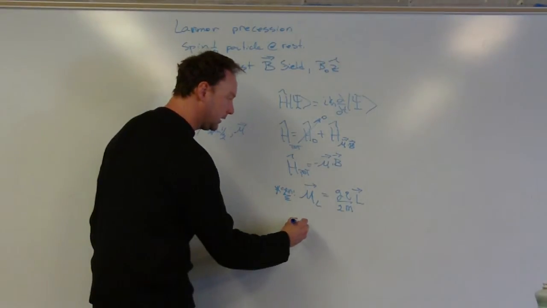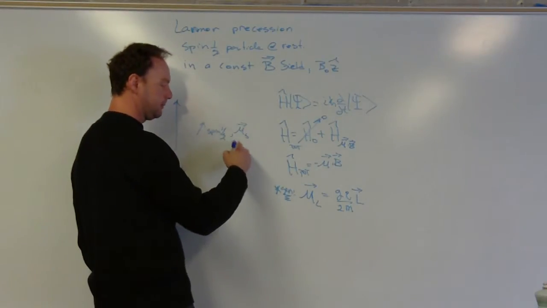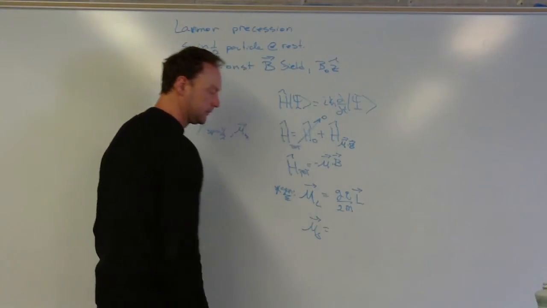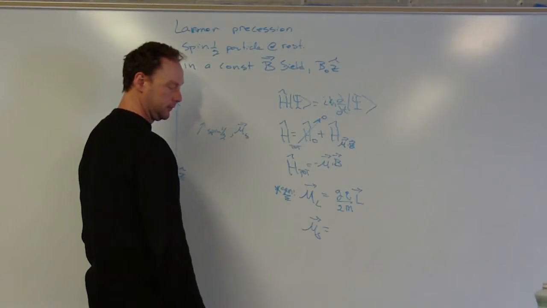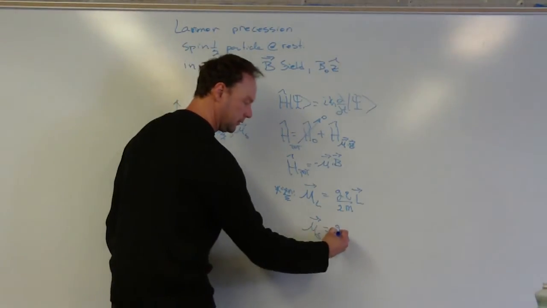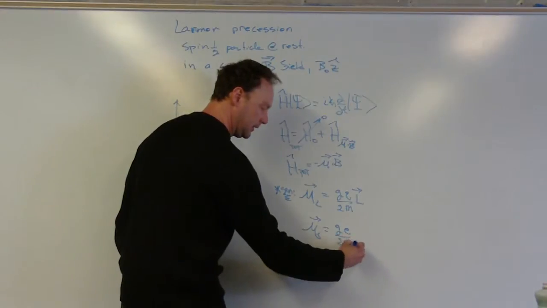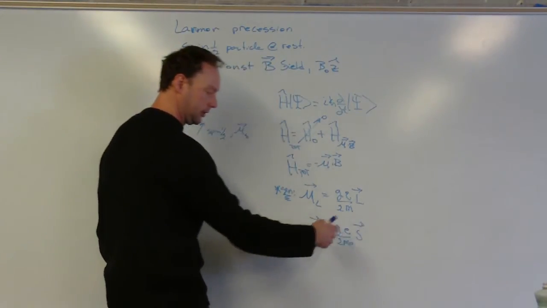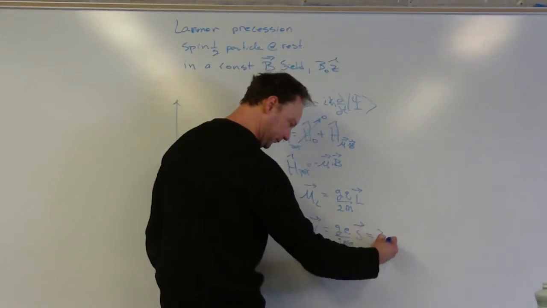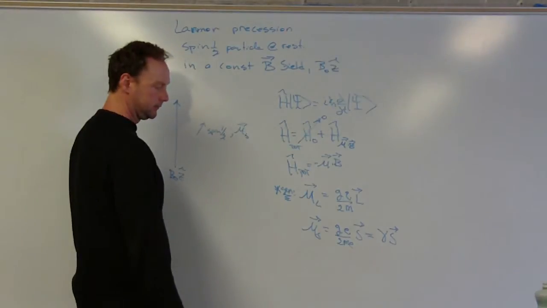And here we have mu s, let me put an s there for spin. Here we have mu spin. So what does mu spin equal to? g q over 2 m e and then s, that's right. The only thing that changes has to do with s. So Griffiths calls this equal to gamma s, the vector.